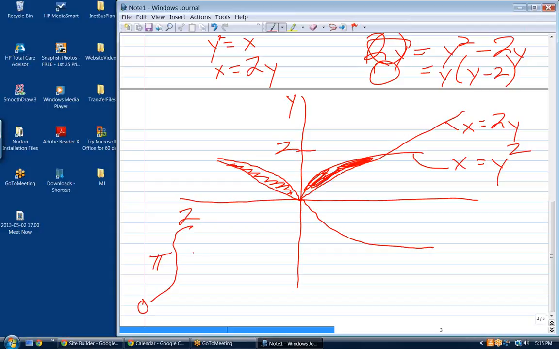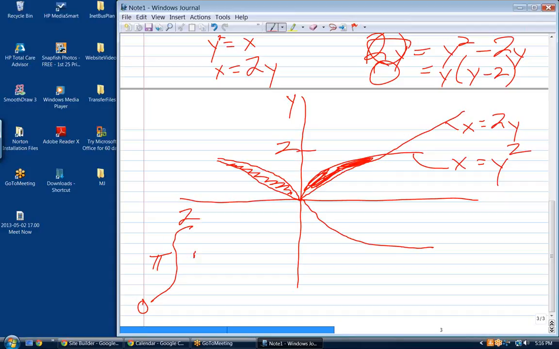It's going to be pi. What's the rest of it? It's right minus left? Yes. In other words, think of it as the outside radius minus the inside radius. The outside radius is going to be the function x equals 2y.